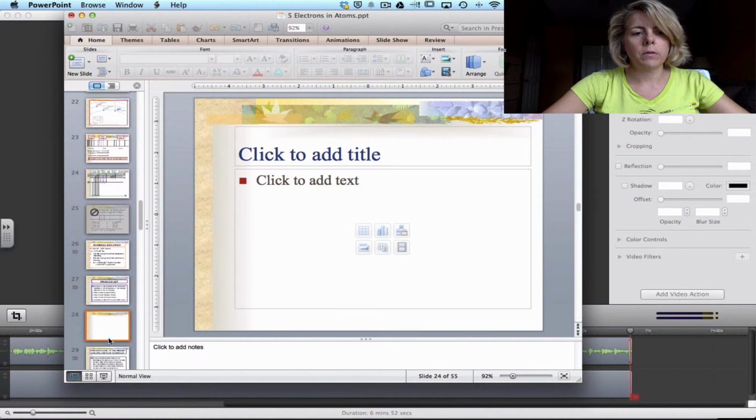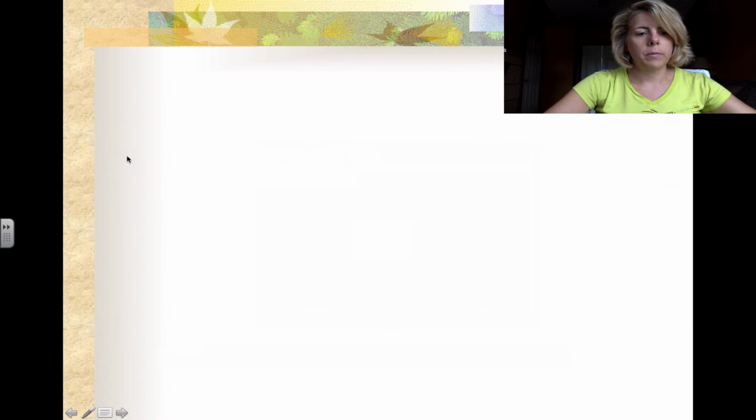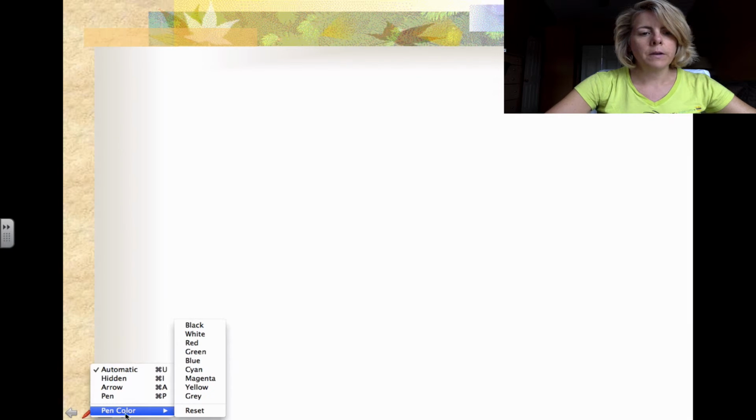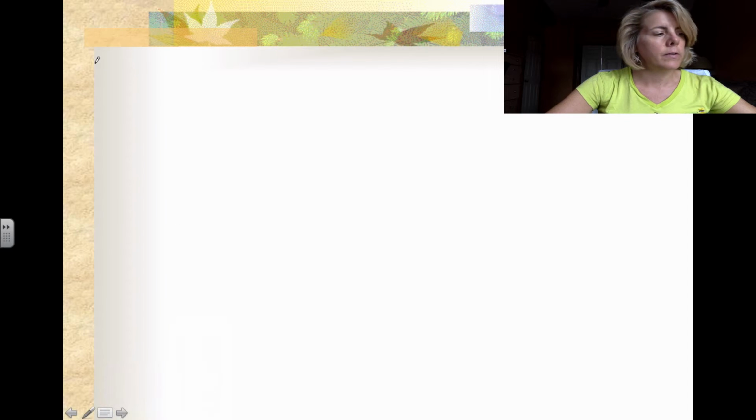Okay, so I'm going to go to my problem set here. Our calculation, like I said, is going to be energy level 3 to 1. And we're going to use the Rydberg constant.